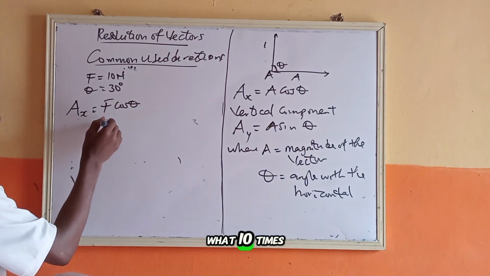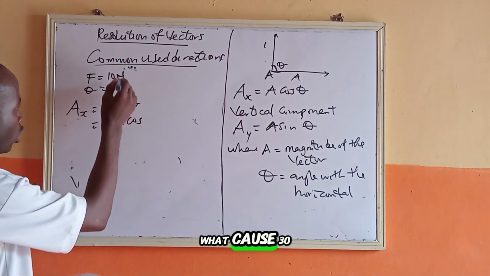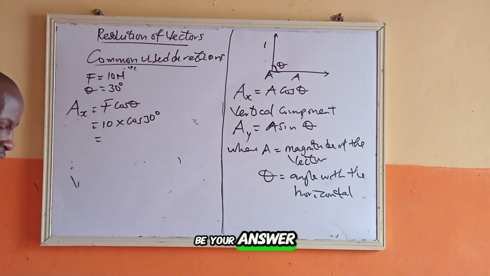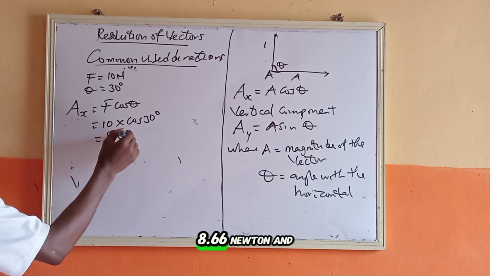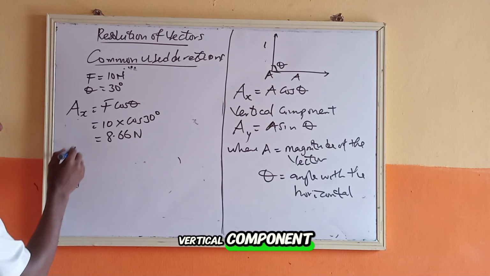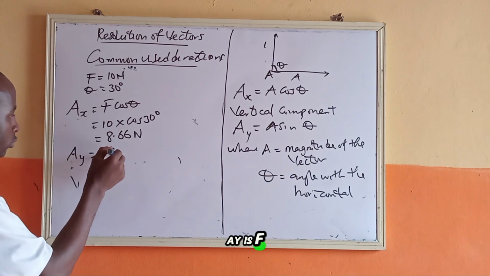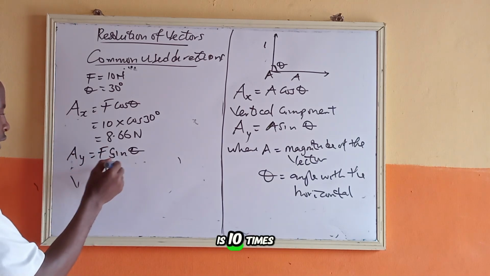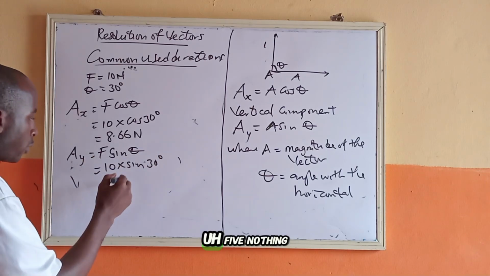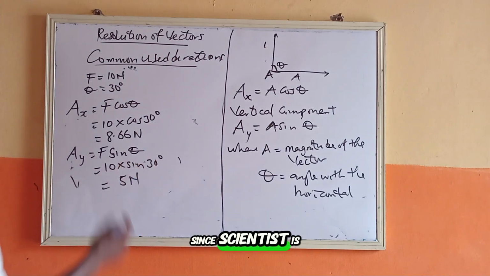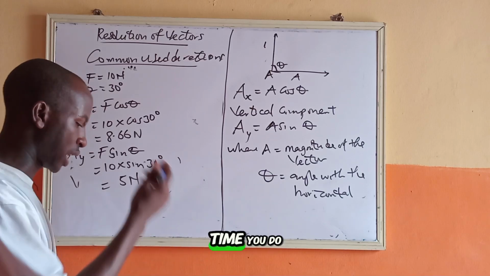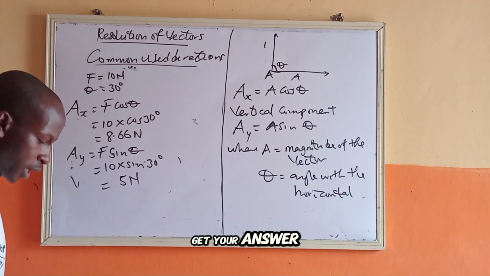That would be 10 times cos 30 degrees, which will give you 8.66 Newton. And to calculate our vertical component, AY is F sine theta, which is 10 times sine 30 degrees, which will give you 5 Newton, since sine 30 is 1 over 2 or 0.5, and cos 30 is root 3 over 2. So by the time you do that, you are going to get your answer.